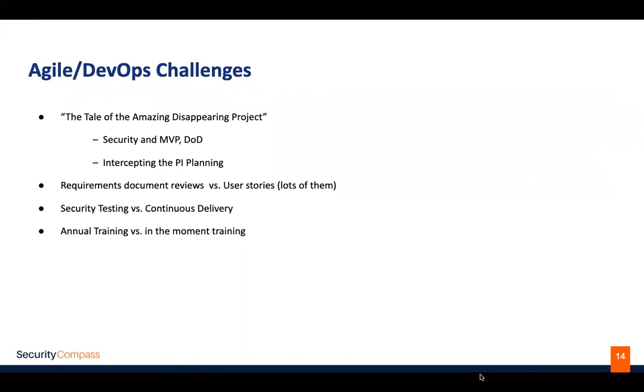In a large company, it's very difficult to keep up with all this, and you have to put a lot of thought into how you intercept and do security reviews. Any secret sauce that you can come up with to make this more practical is really very valuable.